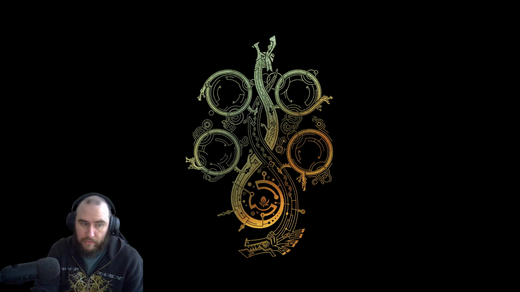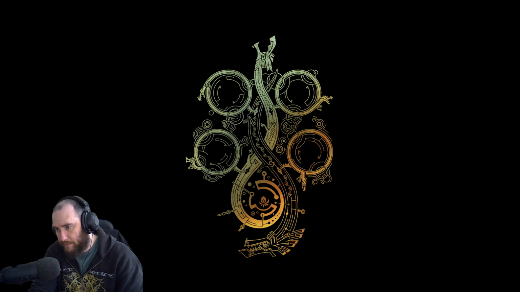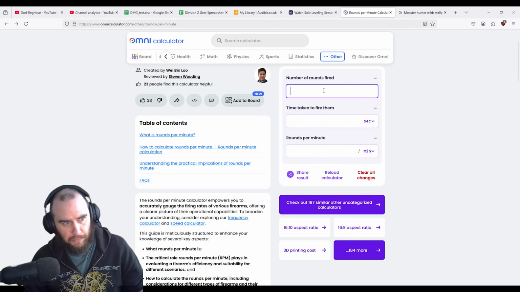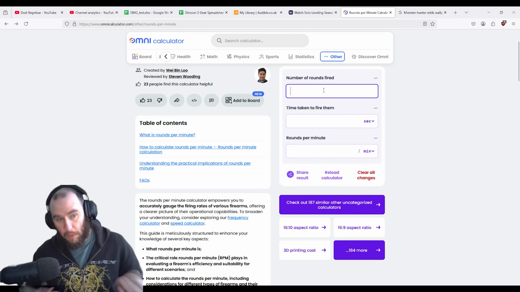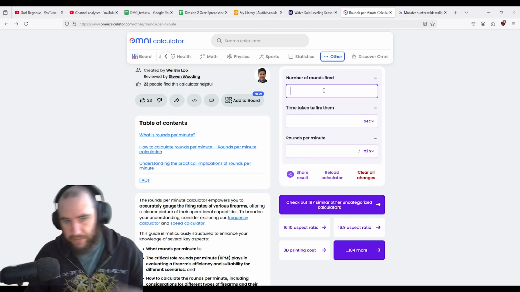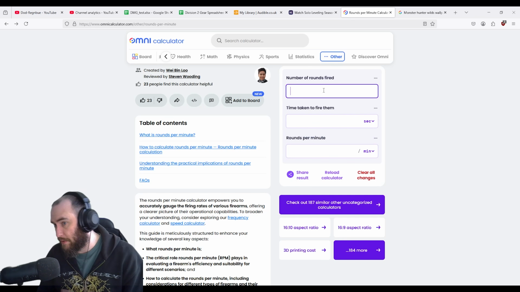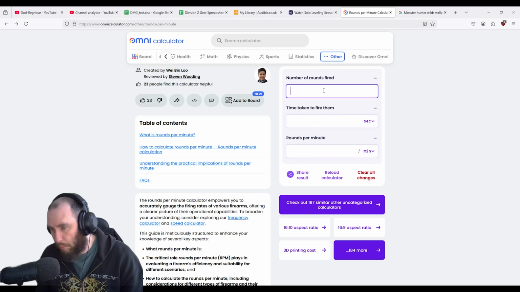What we now do with both of these numbers is take them over to a calculator like this one. This is Omni Calculator. I've used this quite a lot in the past, and this will actually do the vast majority of our calculations for us, so we don't actually have to worry about doing any more math. It can all be done through this.